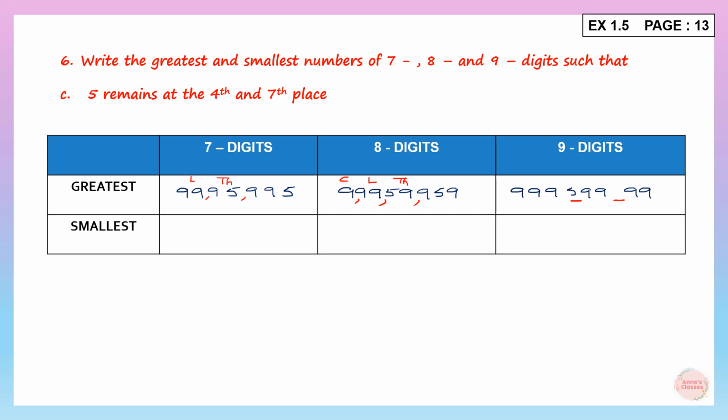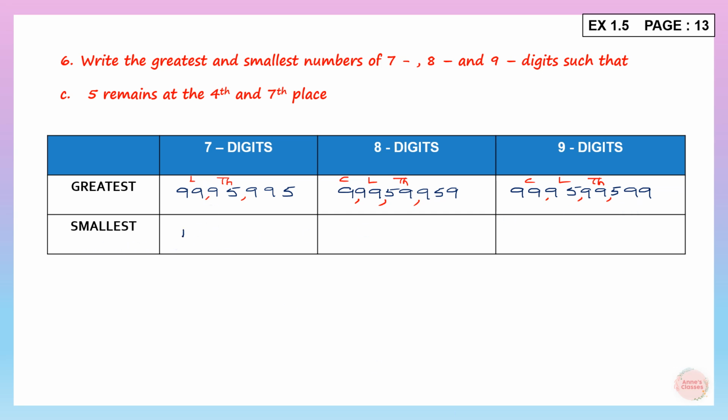Now let's put the commas in the correct places. Ones, tens, hundreds, thousands, 10,000s, lakh, 10 lakh, and this is crore. So let's read the number: 99 crore, 95 lakh, 99,599.